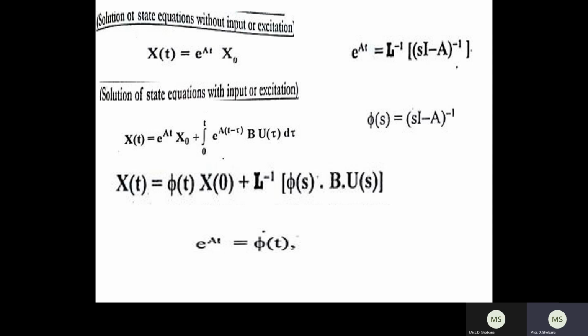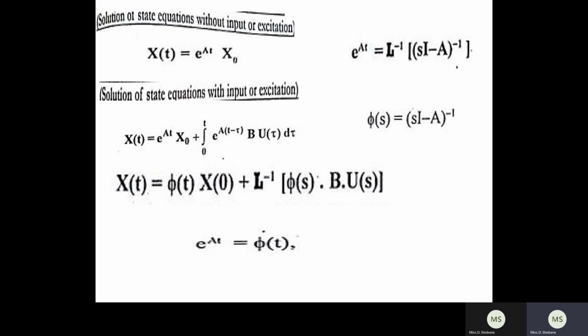So here you can see e power At is nothing but phi of t, that is equal to phi of s, L inverse of (sI minus A) the whole inverse. So you will get the equation like this. So this will be the relation for the transfer functions. So here you have e power At into x of 0. So this is how to determine the state equation and state model.